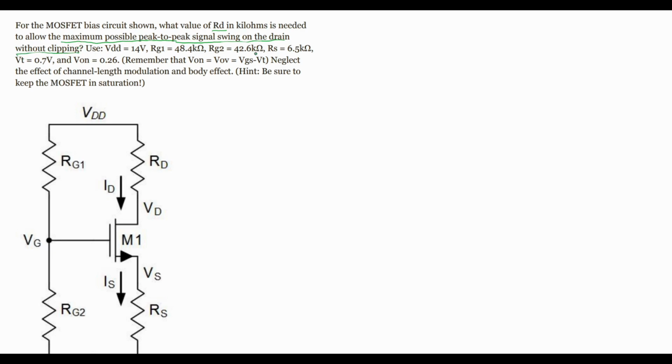So to solve for this part right here, we'll do this as step 1. To achieve the maximum swing signal, we need to bias the VD in the middle of its range. So basically, we are going to take VD max, minus VD min, and then we're going to get some value, and that is going to be our voltage.